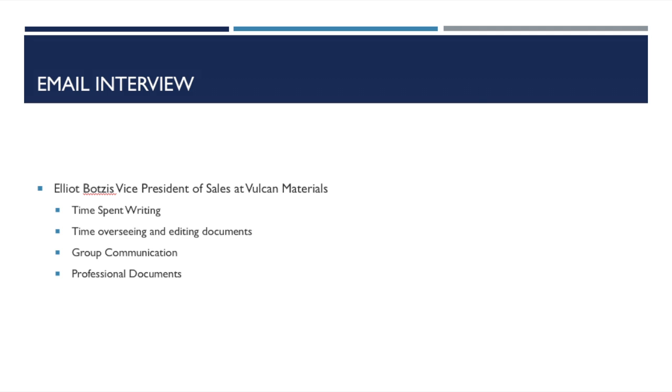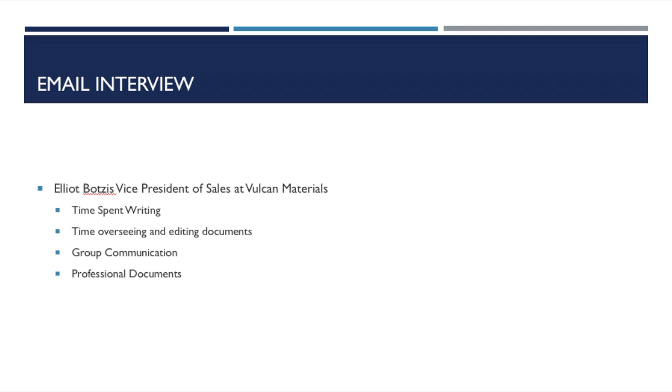For the next one, group communication, this is the biggest part of his job as the vice president of sales. He spends the majority of his time in board meetings, in meetings with the president of Vulcan Materials, and meeting with his employees and his clients to sell and push the product.